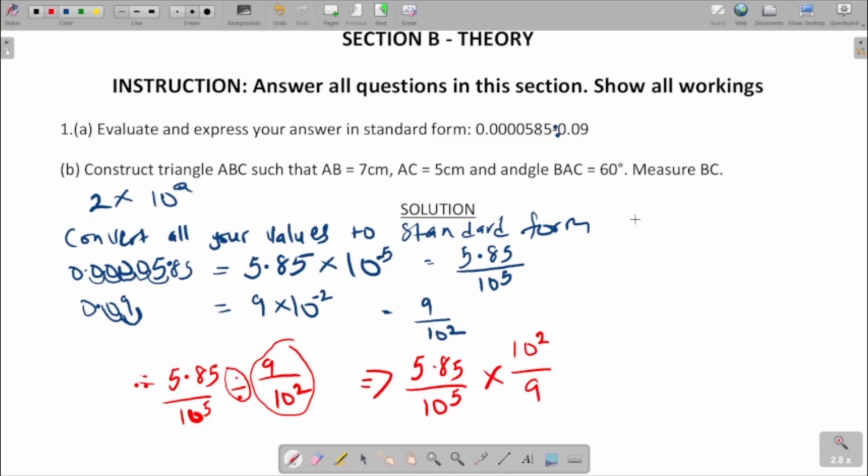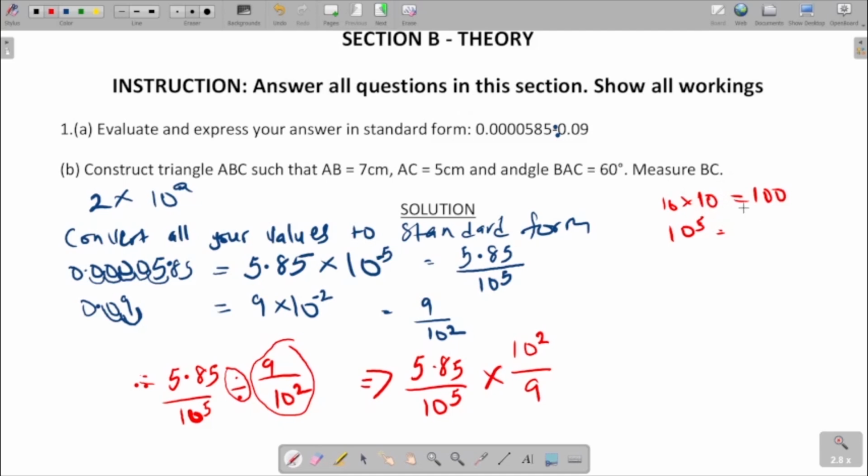10 raised to power 2 means 10 times 10, that gives us 100. And 10 raised to power 5 means 10 times 10, 100 times 10, 1000 times 10, 10,000 times 10, 100,000.